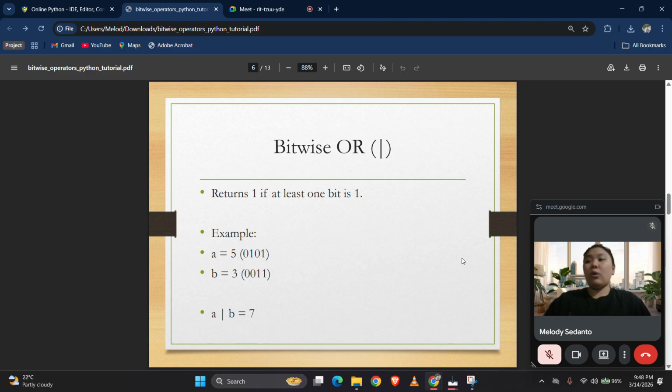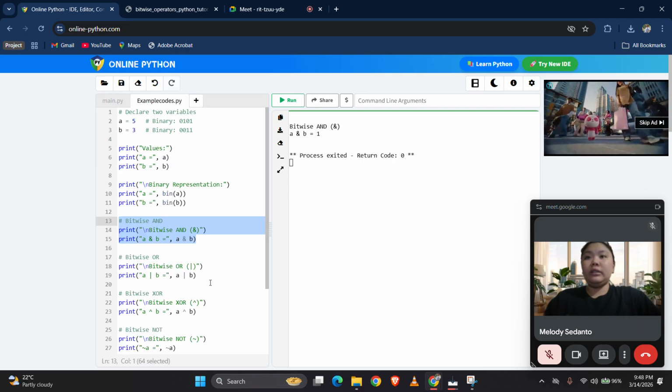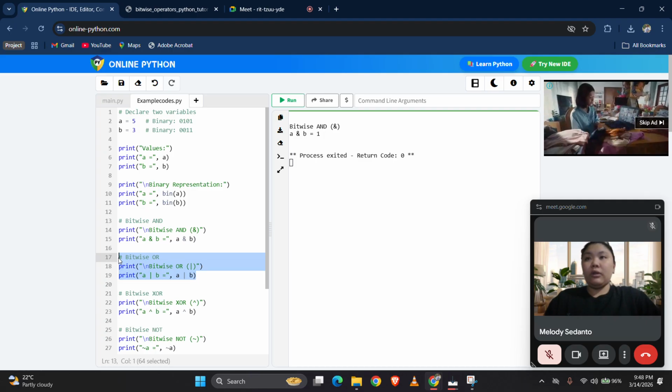So the bitwise OR is represented by the vertical bar symbol, which returns 1 if at least one bit is 1. For example, with 5 and 3 again, A OR B equals 7. So I have here the OR.